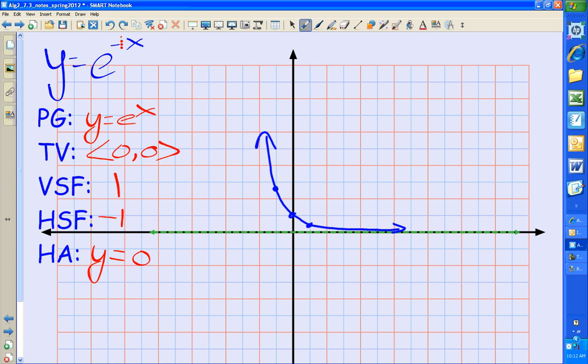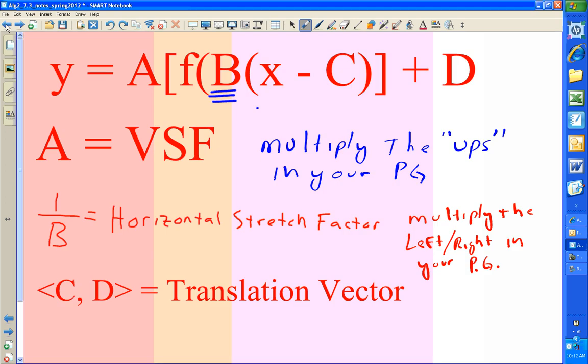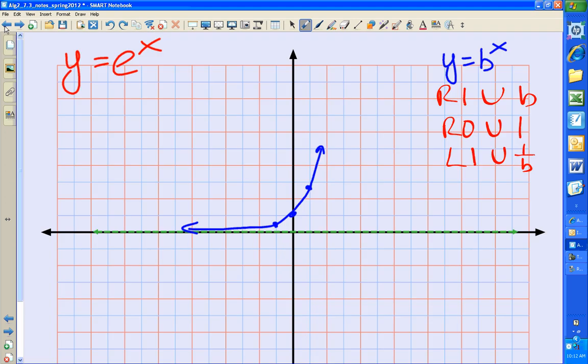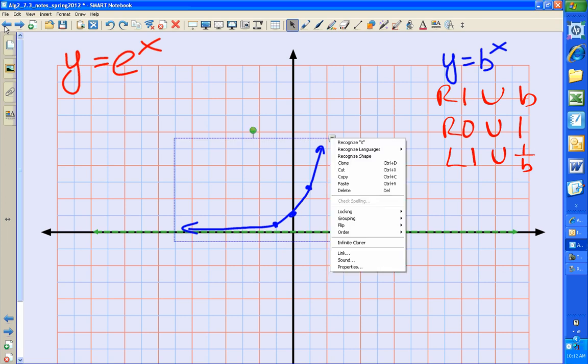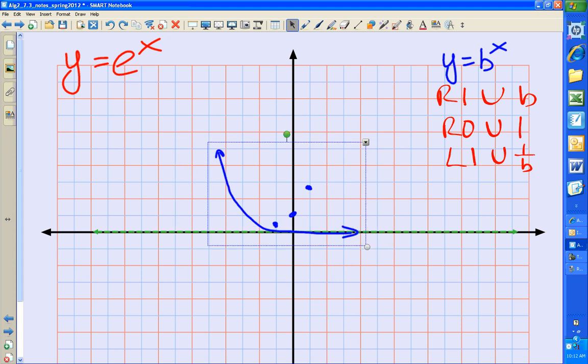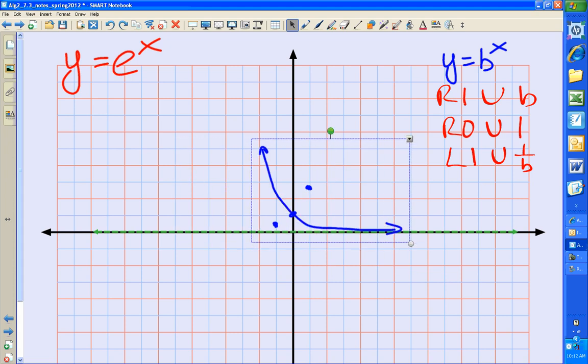A negative horizontal stretch factor flips you horizontally. So here's our parent graph, and with a negative horizontal stretch factor, all we ended up doing is flipping horizontally, and we got this graph. That's what the negative horizontal stretch factor did for us.